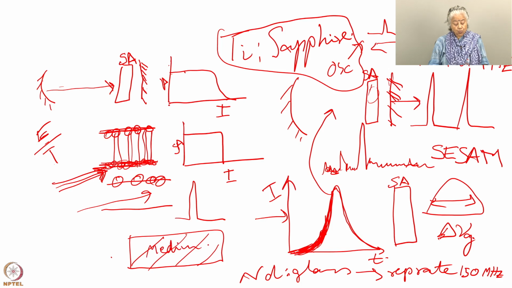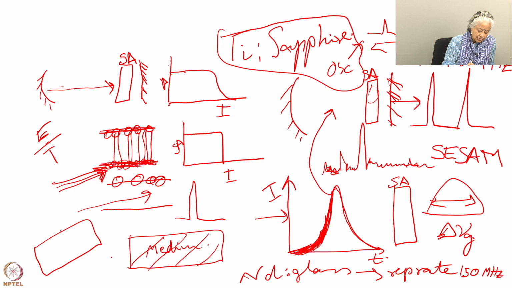Now I want to tell you what this nonlinear optics means. We know what plane optics is. If you have a glass slab and an input ray, some part of it will bend and some of it will reflect back.